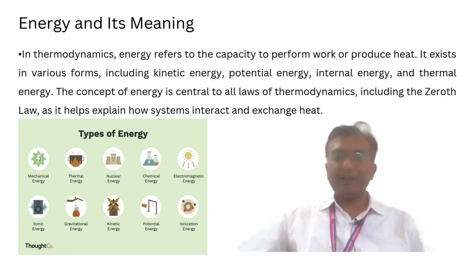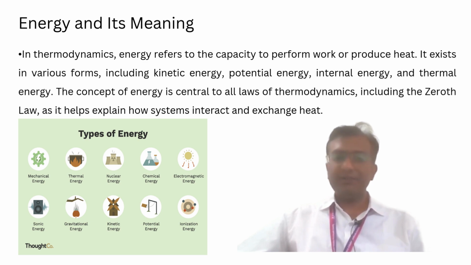Energy exists in a variety of forms, each representing a different way that this capacity to do work or produce heat can be manifested. Let's briefly outline some of the key forms of energy that are relevant to thermodynamics. First is the kinetic energy.